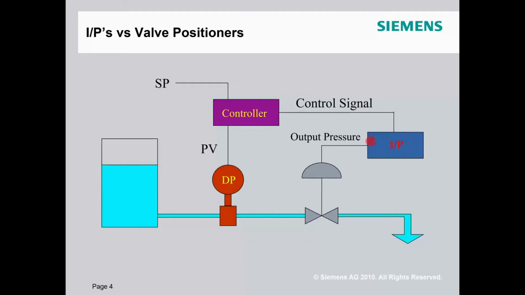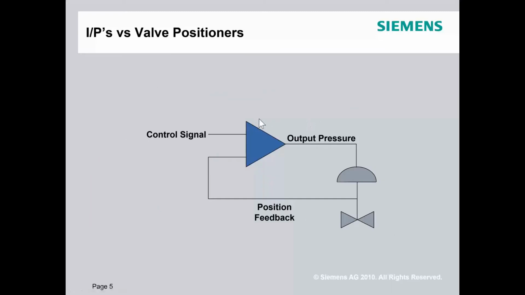And that's going to output our pneumatic signal to our control valve. So 12 milliamps being 9 psi, for example. And that's the whole loop, basically. That will open and close the valve and control the flow rate. But again, as I mentioned, the I2P does not monitor the position of the valve itself, so it doesn't know if the valve is all the way open.